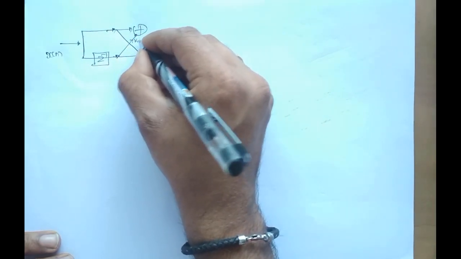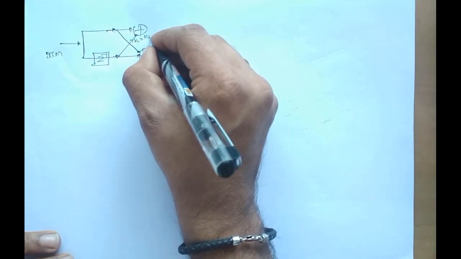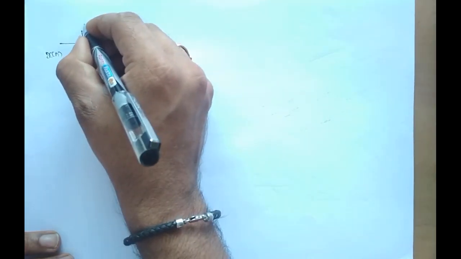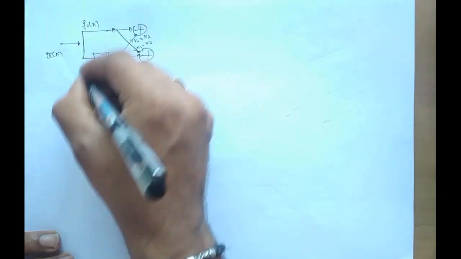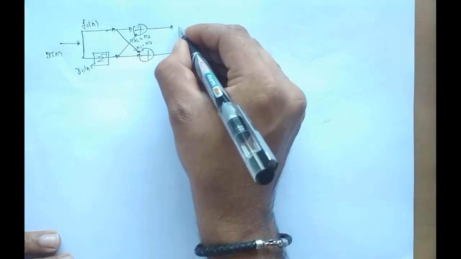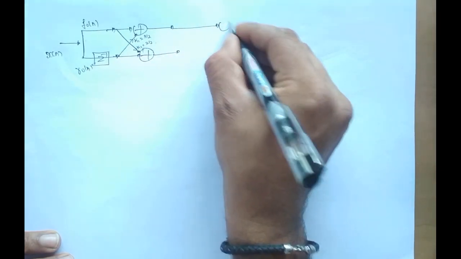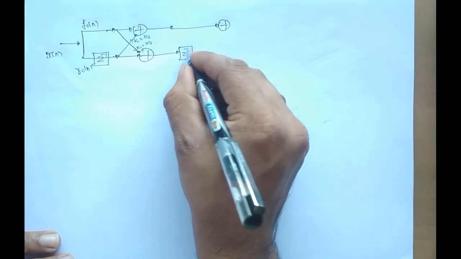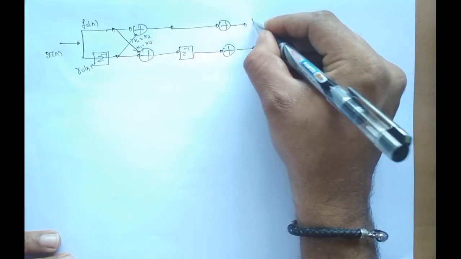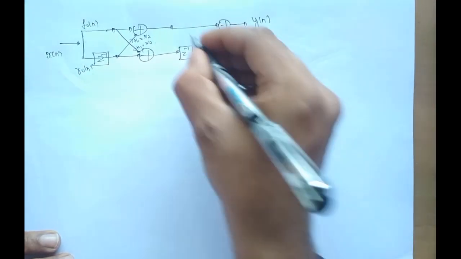What is the value of k1? k1 is equal to 3 by 2, and here also I have to multiply by k1, which is 3 by 2. And this is f naught of n, and this is r naught of n. So the output of the first stage goes to the input of the second stage. There is an adder here, a delay element here, and one more adder here. So this is y of n.